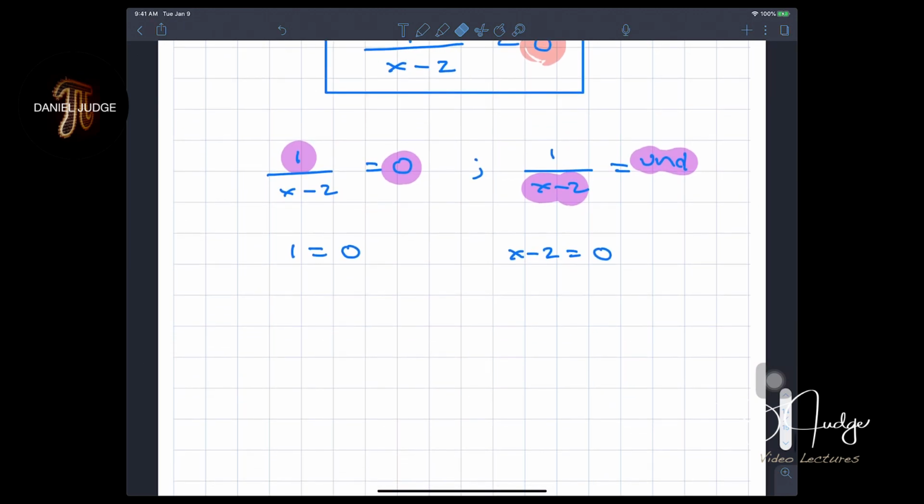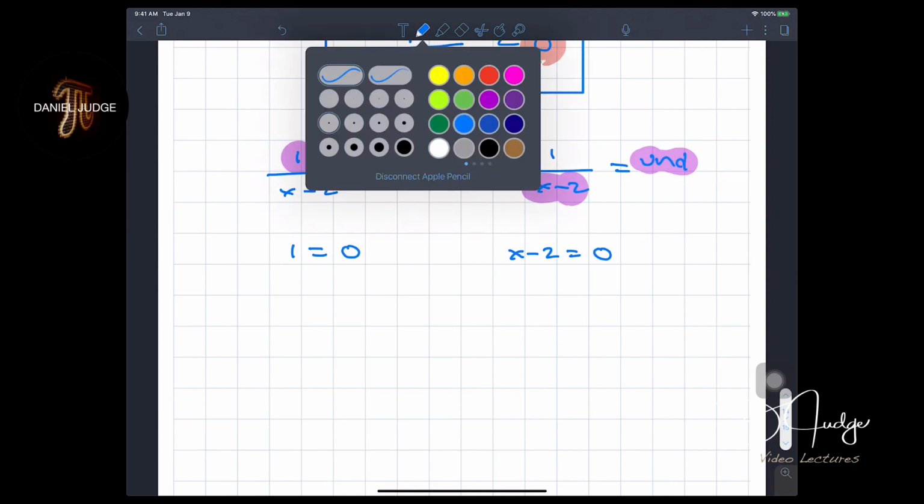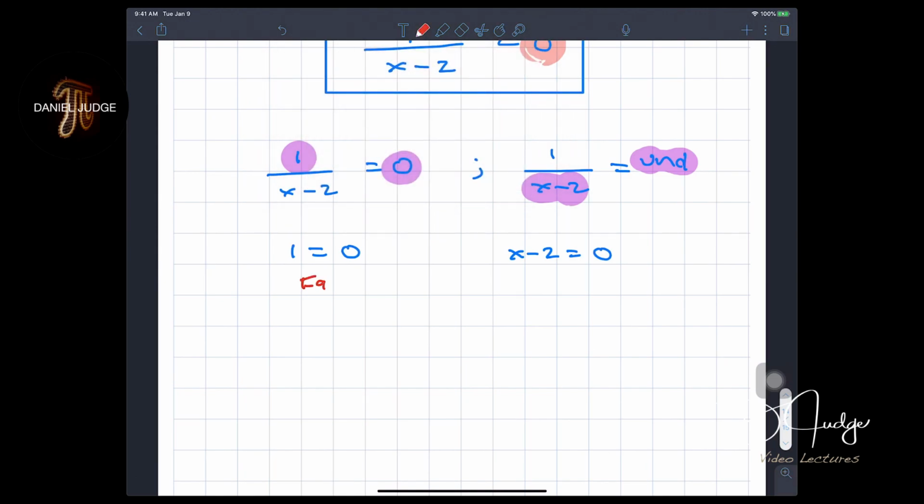However, we know that 1 could never be 0. This is a false statement. This is not true. So in other words, here's what this means. The fraction of 1 over x minus 2 could never equal 0. It doesn't matter what value of x we put in the denominator. X could be -3 and we plug it in.